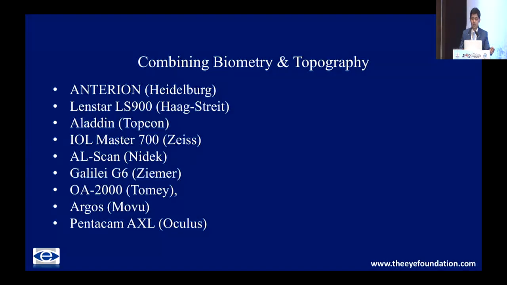We have devices which are basically biometers, which are giving us a topographic measurement. We also have standard Scheimpflug devices like the Galilei and the Pentacam, all of which are now also coming in, which are compatible with axial length measurements. Like the G6 from Galilei, the Pentacam AXL also gives extremely accurate values.